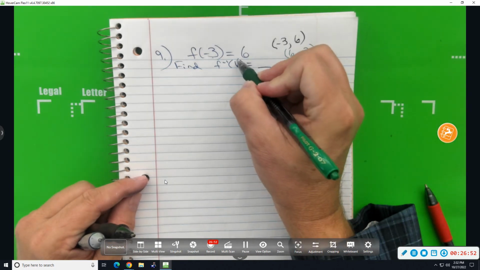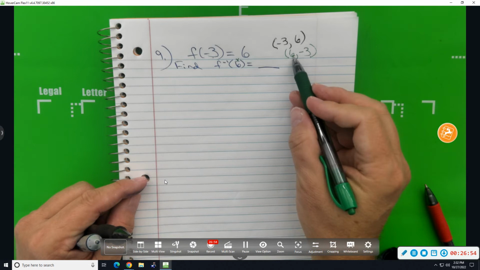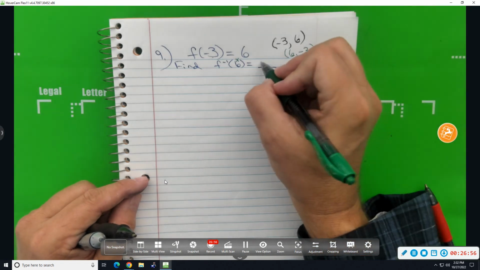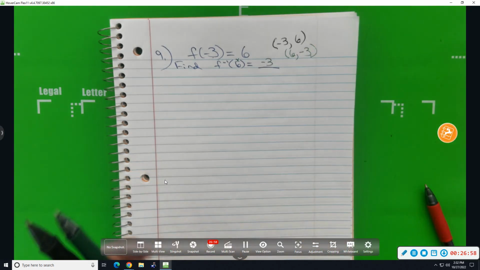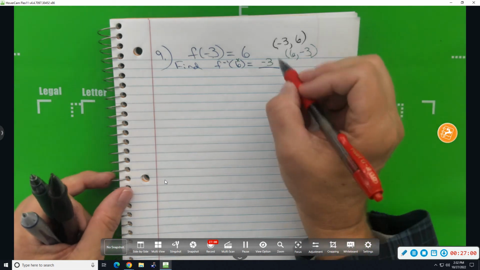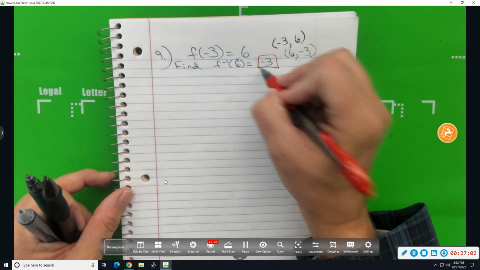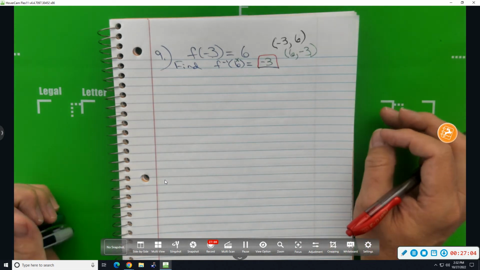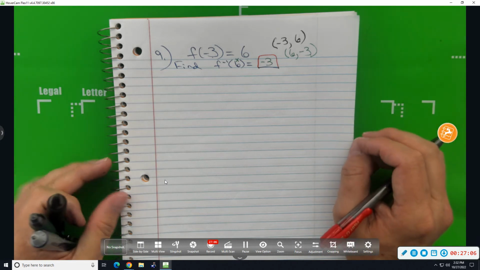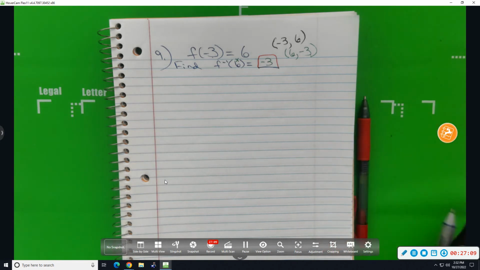So when x is 6, the y value is -3. They're just trying to make sure you realize they're just reversing the x and y coordinates. Any questions on our logic there?